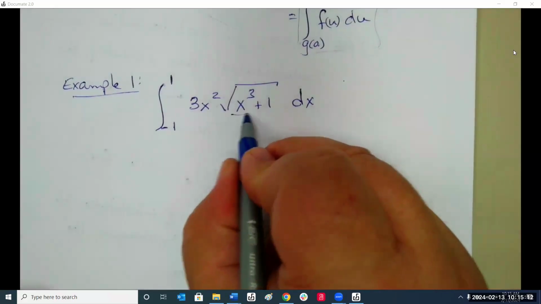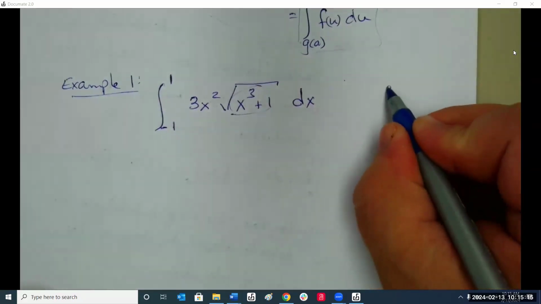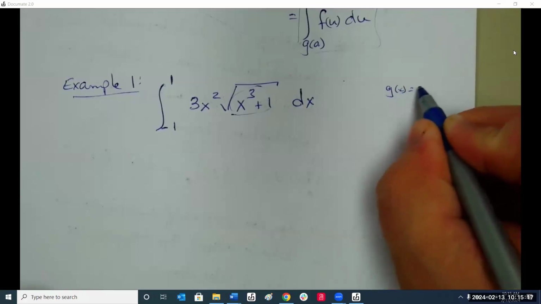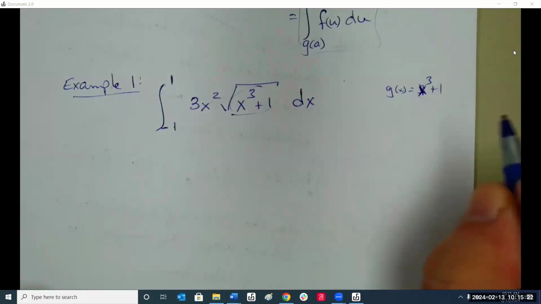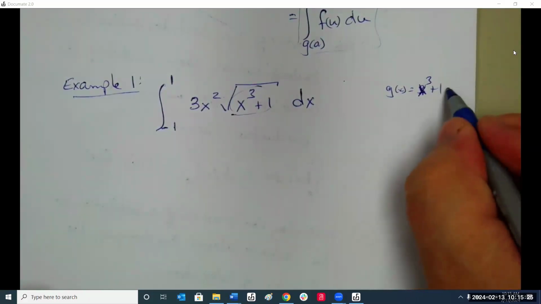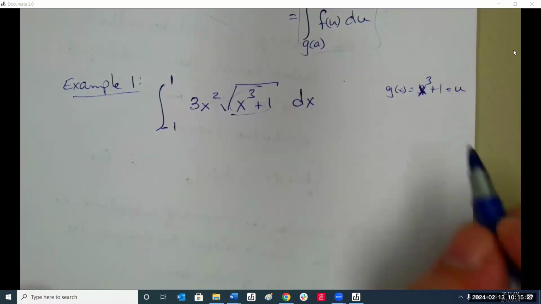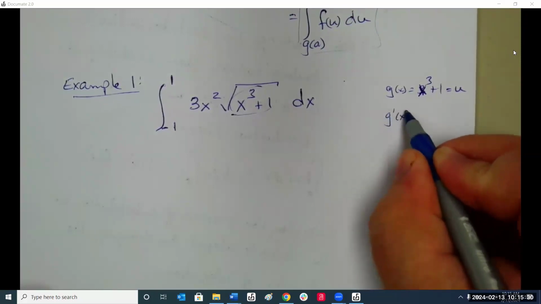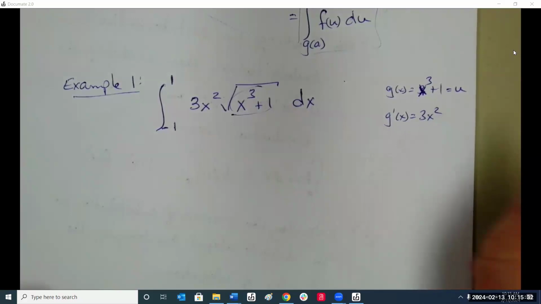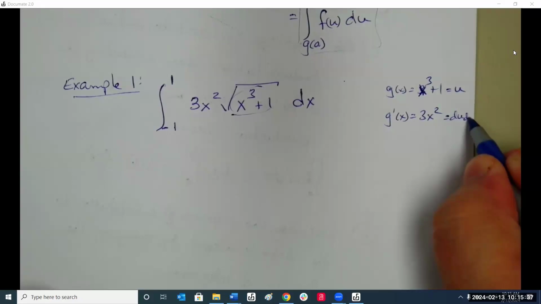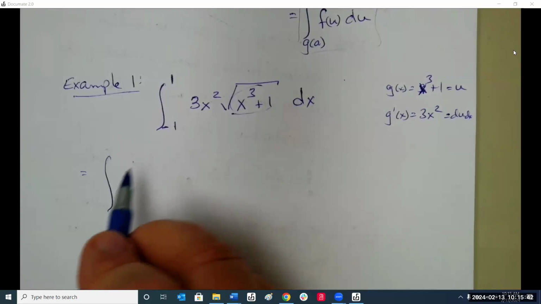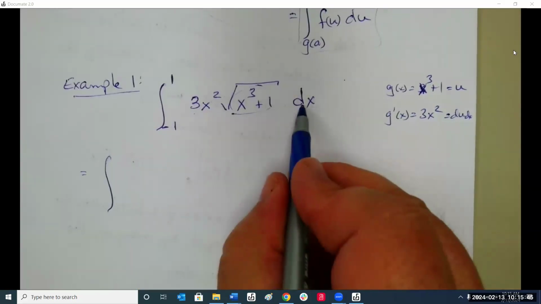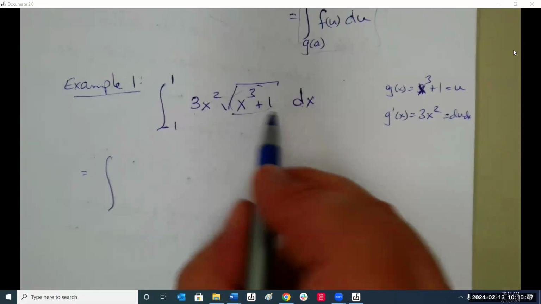Inside here, we're going to call x cubed plus 1 our g of x, and we'll call that u. Then g prime of x is 3x squared, so du is 3x squared dx.